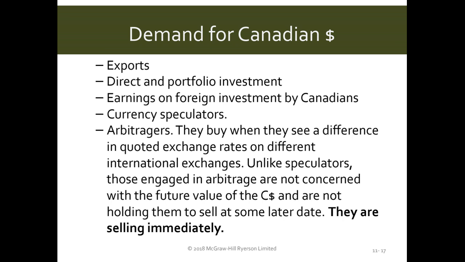Because they want to buy our products, exports. Direct and portfolio investors who want to invest in our country, either in financial assets, buying bonds, securities, stocks, mutual funds, and other securities, or invest in physical infrastructure, any physical investment, both demand our currency.